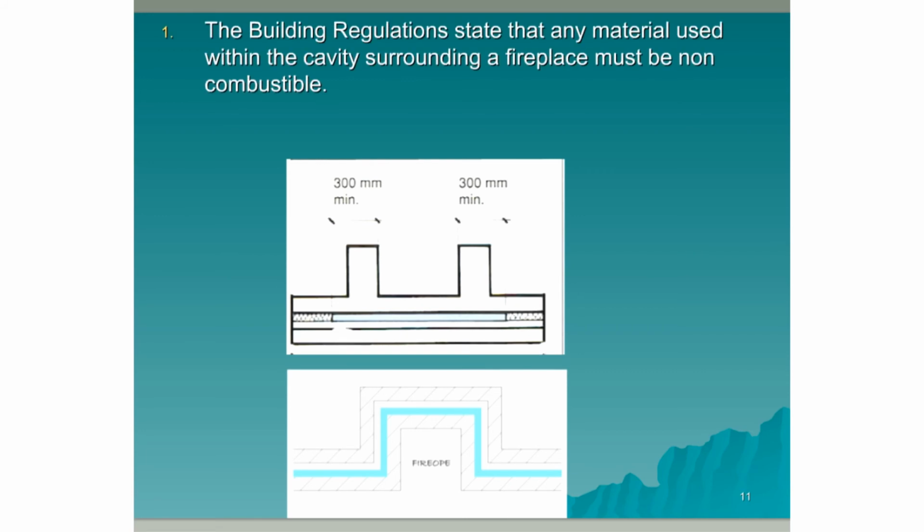The building regulations state that any material used within the cavity surrounding a fireplace must be non-combustible. Most modern insulation has a sufficient fire rating in order to suit this.